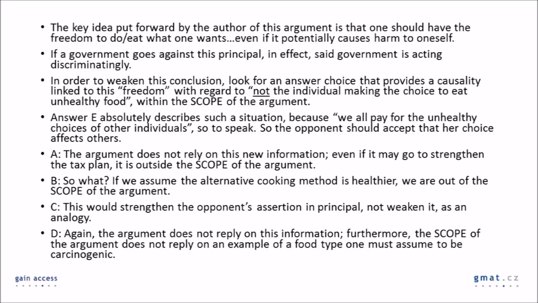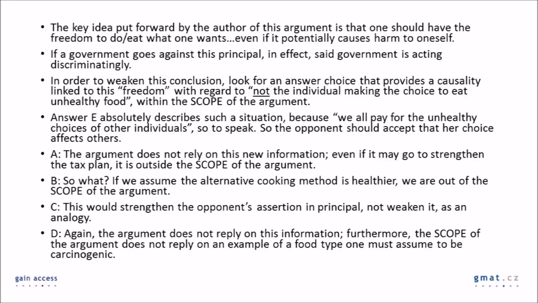Now, if you read through this explanation, it's very much connected to scope, based around the causality put forward of how this is linked to freedom. Not only the individual making the decision, but how that affects other potential subjects in the argument, in the scope of the argument.